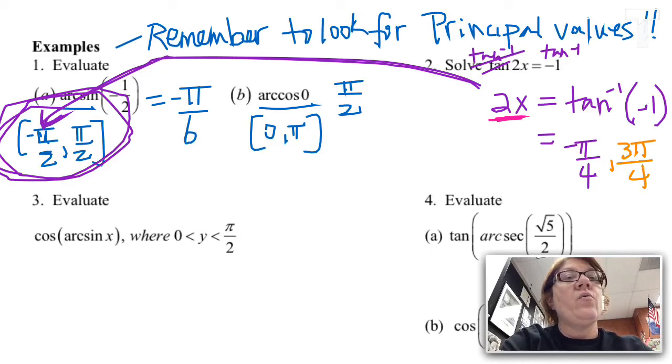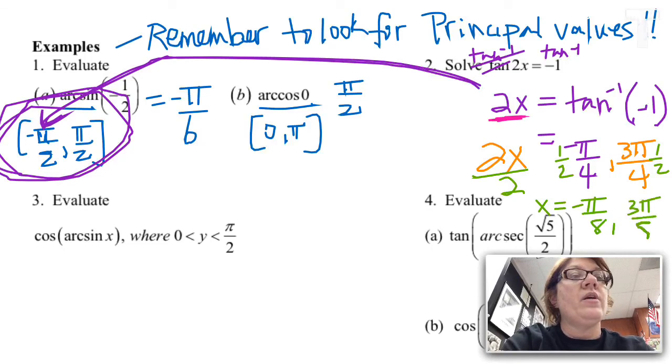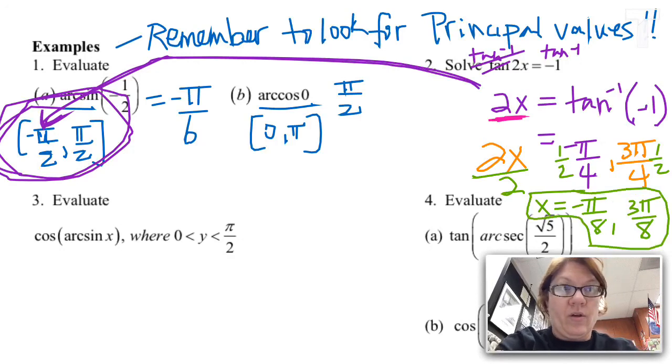And so now when I divide both sides by 2, or multiply by 1/2, I'll have x being -π/8 and 3π/8. And if I notice, those answers are in fact in the 1st and 4th quadrants.